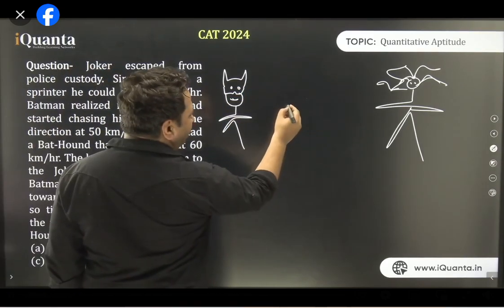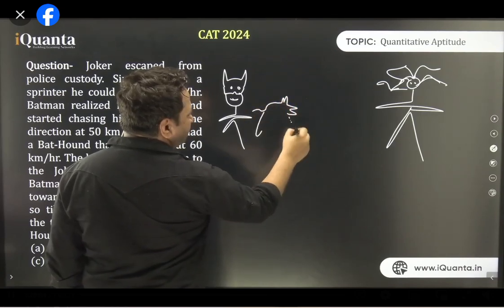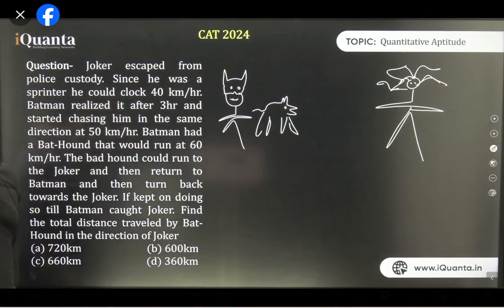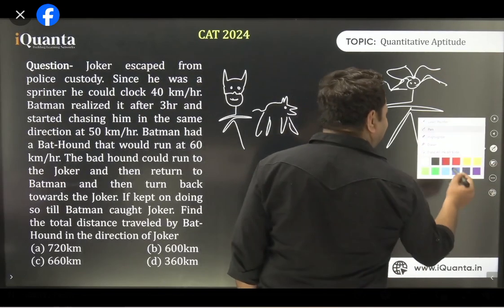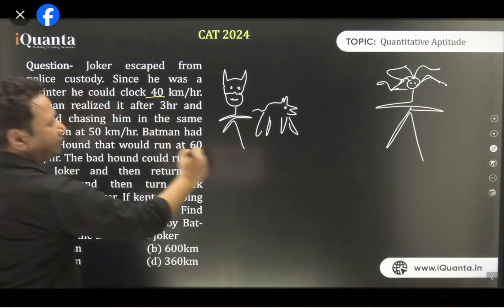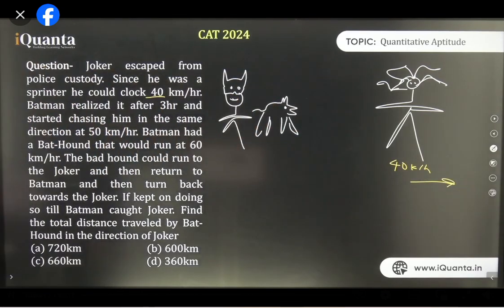And we have a bat dog. So what is happening? Joker was running at 40 kilometers per hour in this direction.